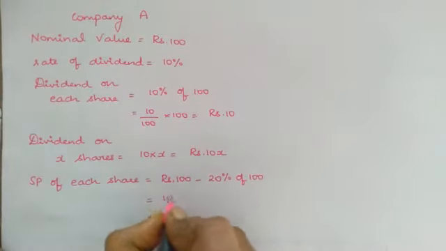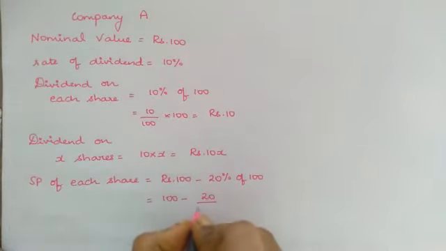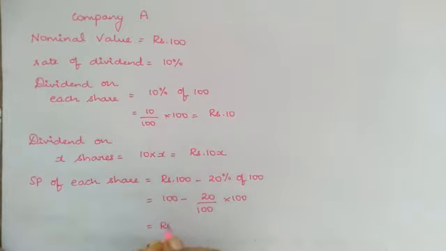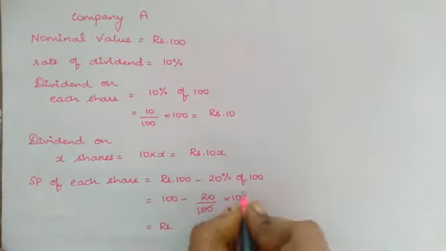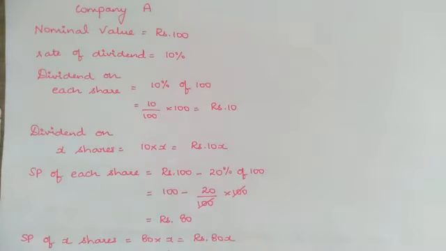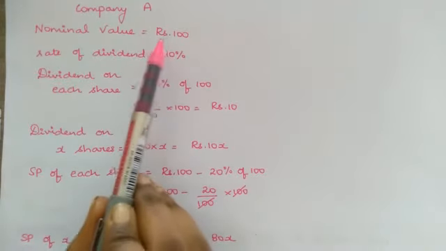So this is 100 minus 20 by 100 into 100, which is rupees 100 minus 20, 80. Each share he is selling for 80 rupees. So the selling price of the entire X number of shares is 80 into the number of shares, that is 80x. So this is what happened in company A. He had a share worth rupees 100.